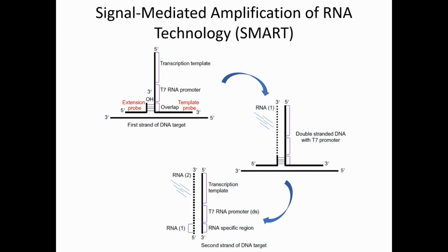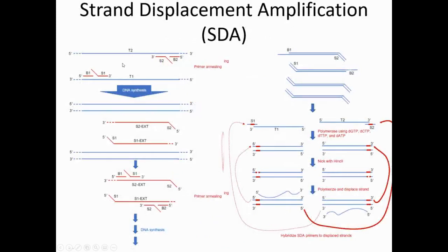And this will lead to transcription that increases the RNA amplicon. The RNA amplicon can be detected by enzyme-linked oligosorbent assay or in real time. So basically, the method relies on signal amplification, but does not require thermal cycling. Okay, so that's the SMART technology.